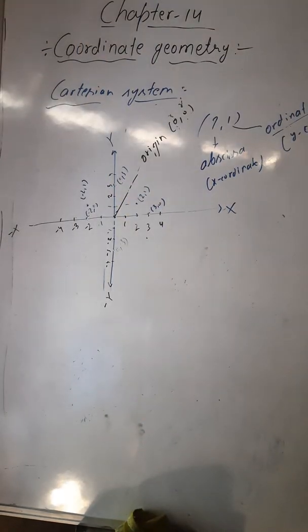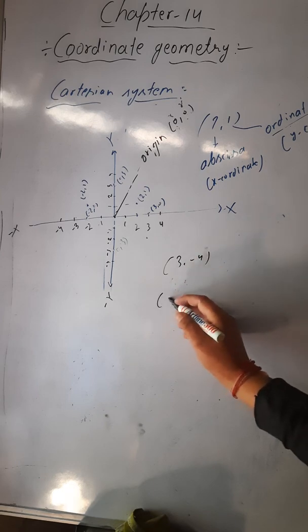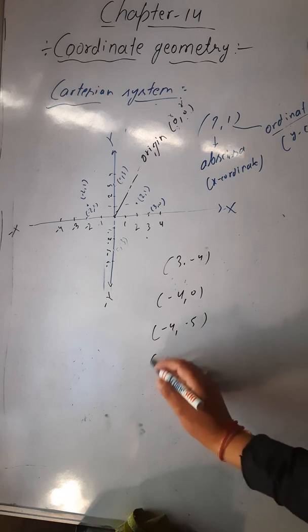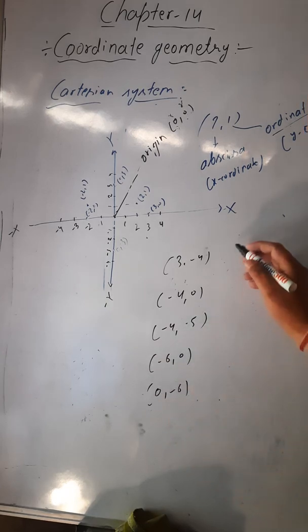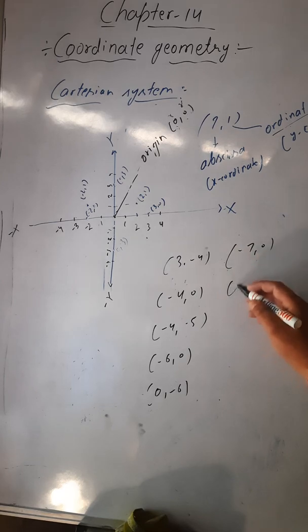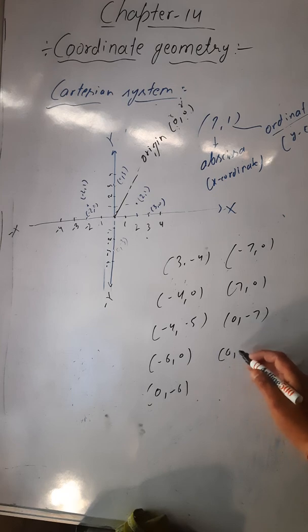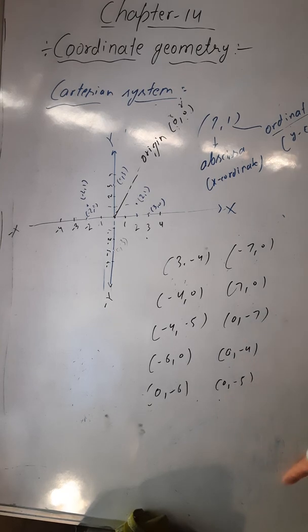So the points are 3, minus 4; minus 4, 0; minus 4, minus 5; minus 6, 0; 0, minus 6; minus 7, 0; 7, 0; 0, minus 7; 0, minus 4; 0, minus 5. So these are the points which you have to locate in this Cartesian plane. This will be a homework.